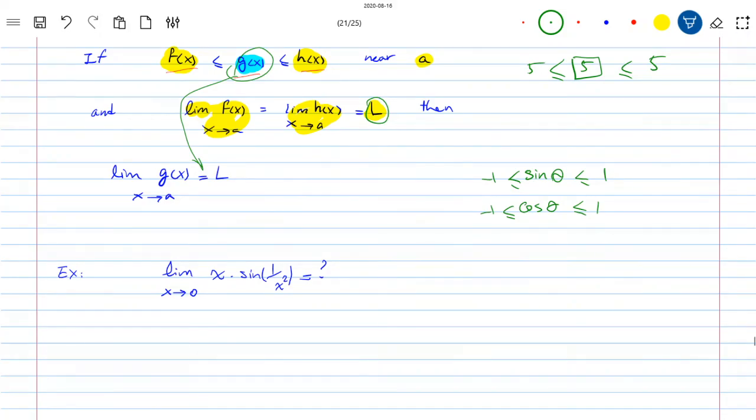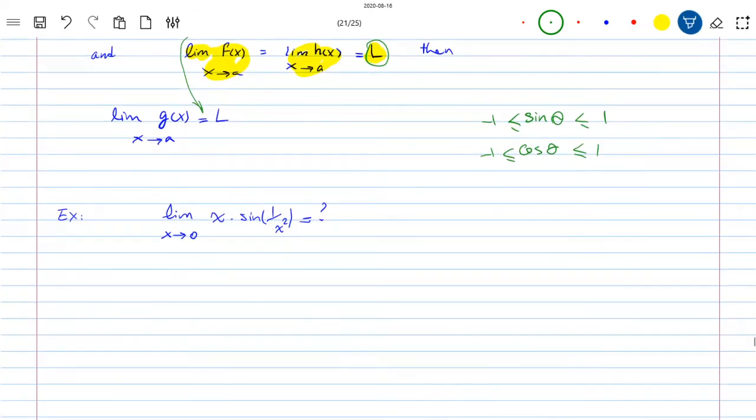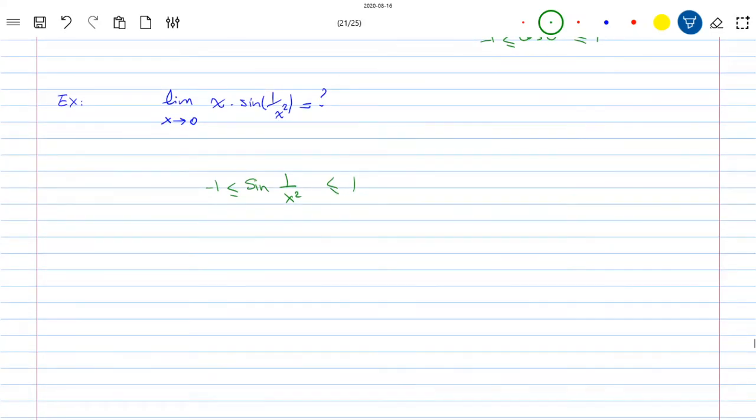So here, if you're given this limit of x times sine 1 over x squared, think about it this way. I know sine 1 over x squared is between -1 and 1. What can I say about x times sine 1 over x squared?